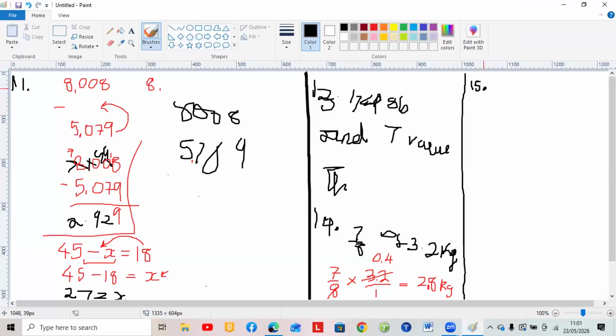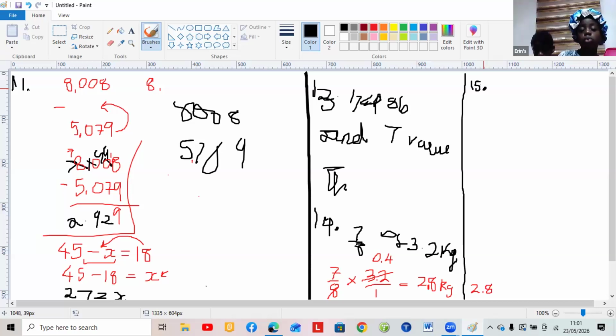Convert this 2.8 kg to grams. What will it be?